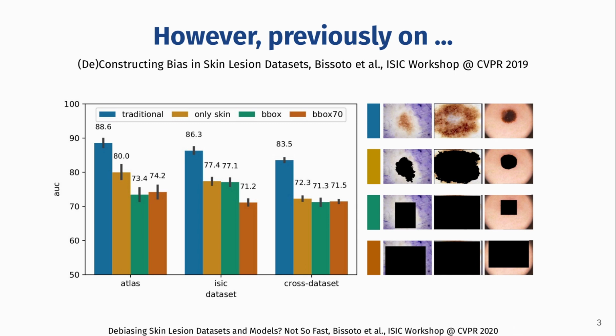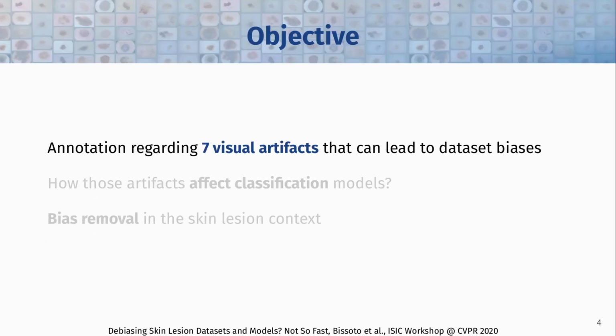At that time, we asked ourselves what features are being used by the network, and our initial guess was that the presence of some artifacts, that are introduced during the image acquisition process, were the actual culprits for the shockingly high AUCs.